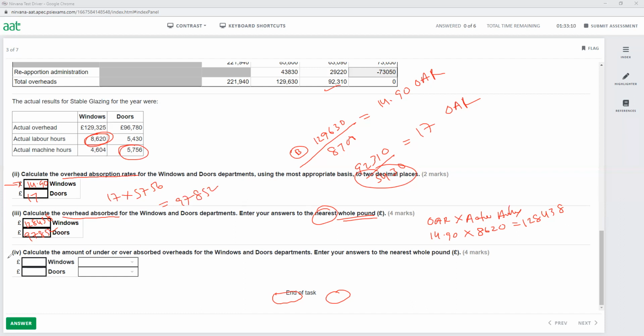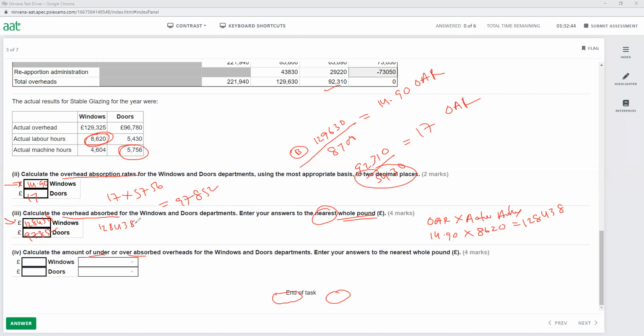All right, the next one we have here, calculate the amount of under or over absorbs. So we need to ask ourselves, did we absorb more or less? Let's look at the window first. So our overhead absorbed for the window is 128,438.